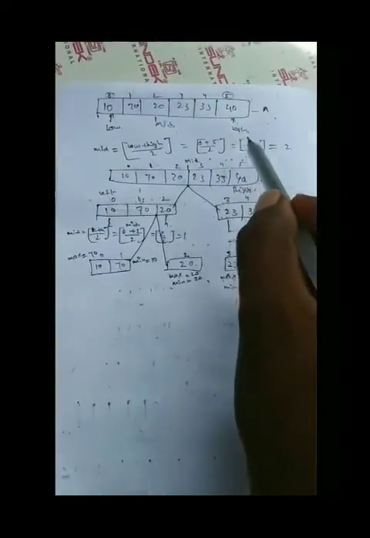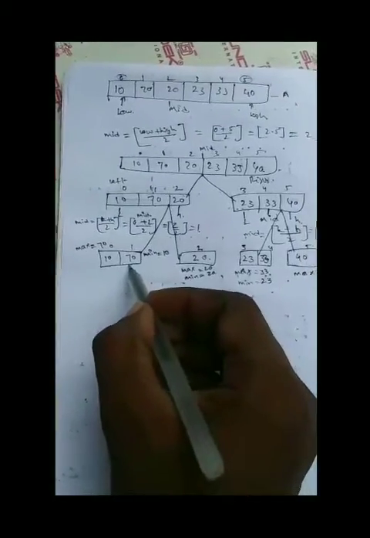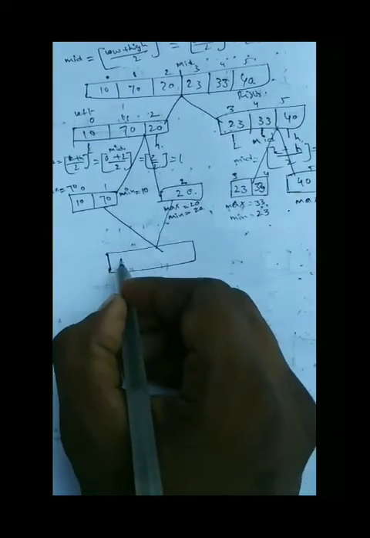We combine these two sublists that we divided, for which we found the maximum and minimum.